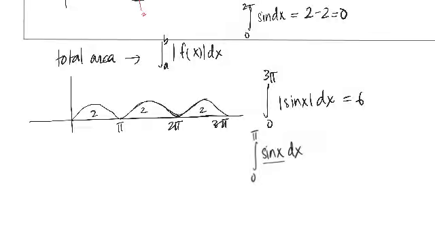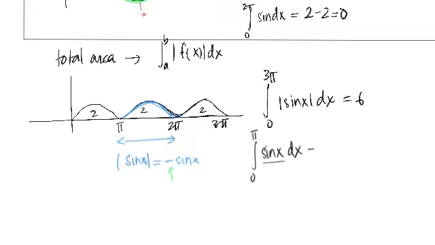When I'm on this stretch right here, absolute value of sine x would have to be negative sine x, right? Here's my absolute value, and here is my actual sine, right? So I had to put in a negative sign because of the sine being negative from pi to 2 pi.